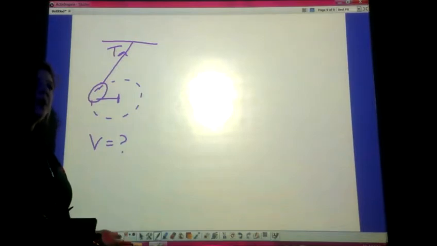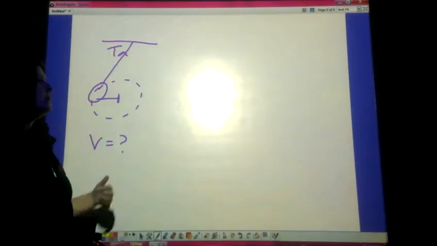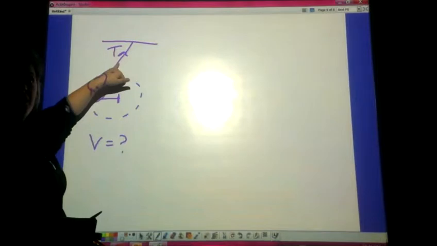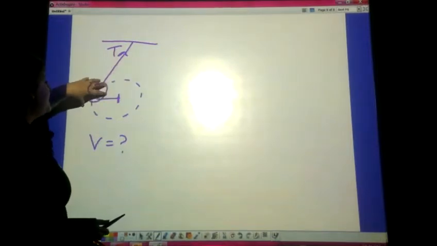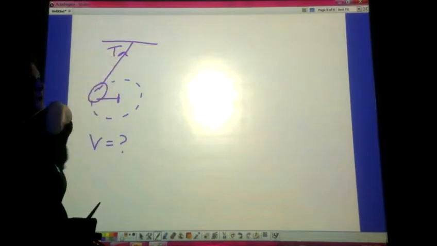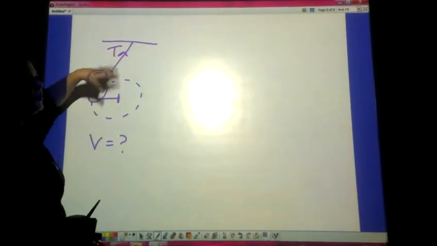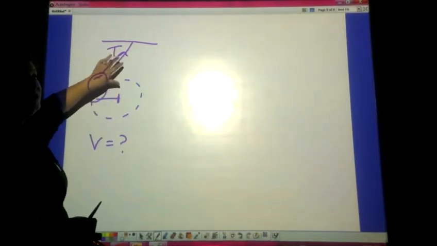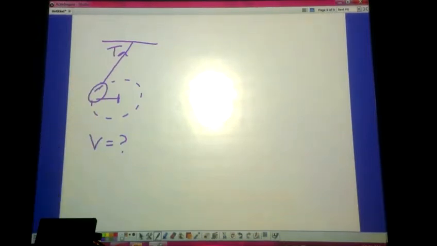The more massive the puck, the cord may break easier, right? Because the bigger mass is going to pull on this more, so it has a higher probability of breaking, okay? So with a more massive puck, I'm going to have a lower speed. So I'm just thinking about these things logically right now.